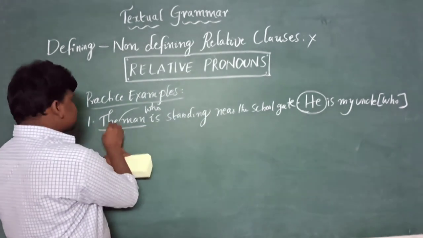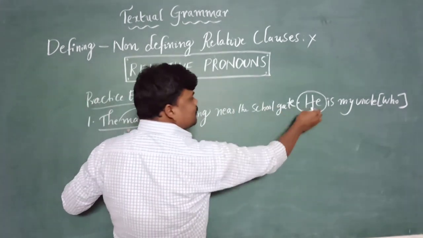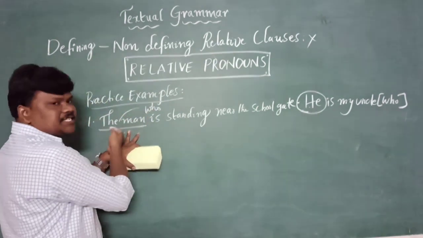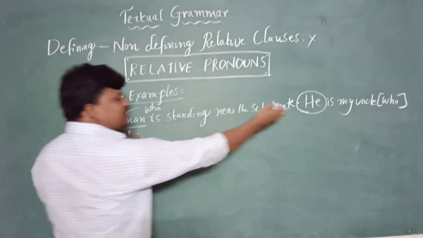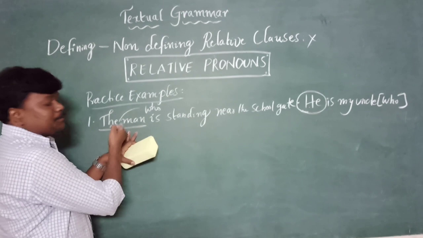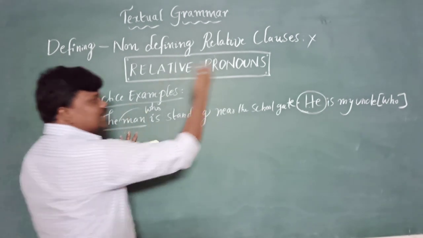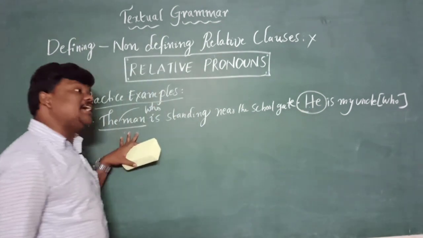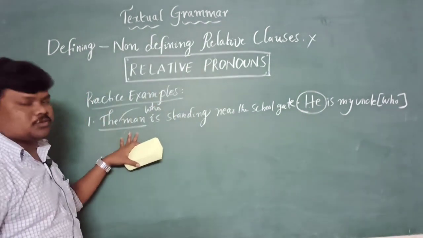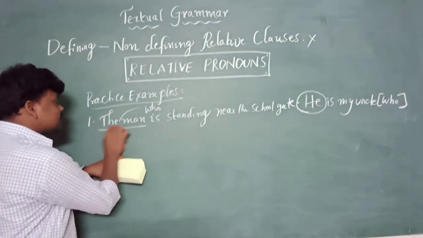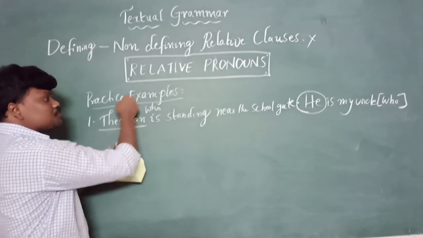In the second sentence, if it is a man, compulsorily it will be "he", and if it is a woman or a girl's name, it will be "she". If it is plural, like people, compulsorily it will be "they". We need to remove all those pronouns which are very close to the person. This is called a relative pronoun.